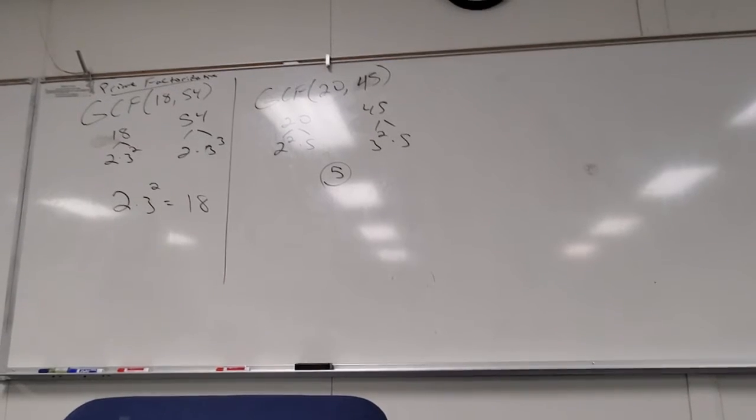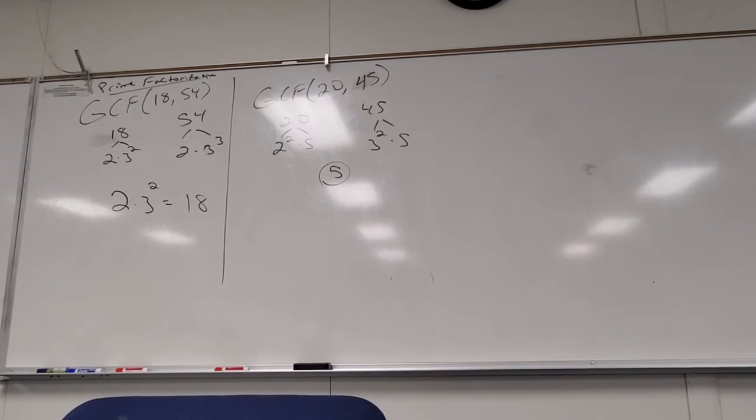I really want this to make sense. So if I start counting by 18s, 18, 36, 54, and that's why 18 was the GCF, because 54 is a multiple of 18.